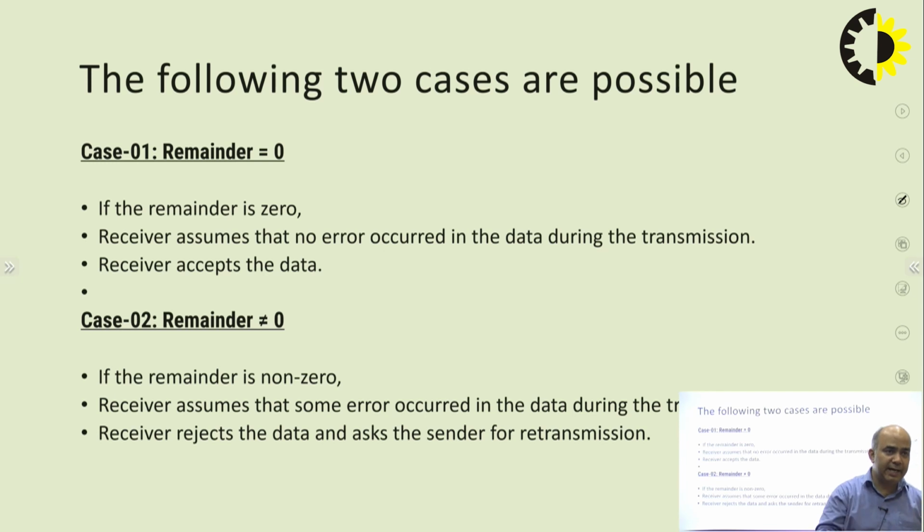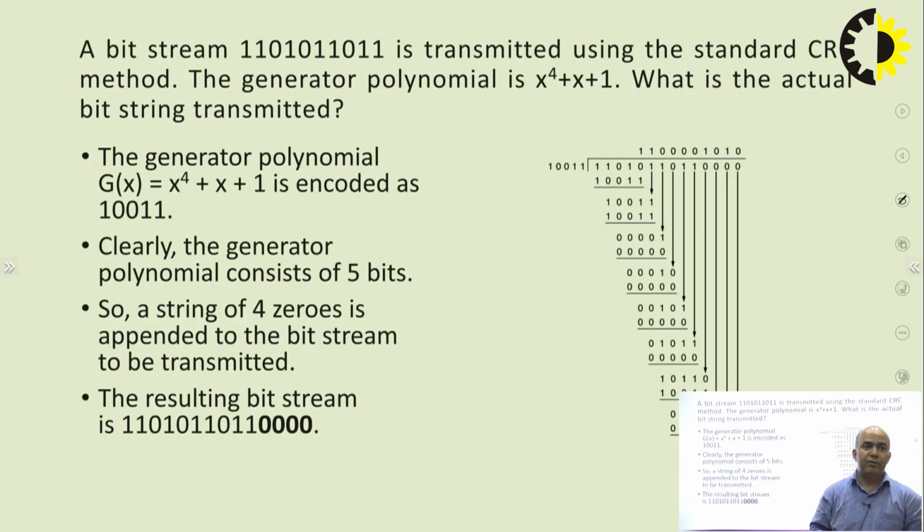The receiver will check it again. If the receiver finds the remainder is 0, then it will accept the data. If the remainder is not equal to 0, then it will reject it and ask for the retransmission of data.